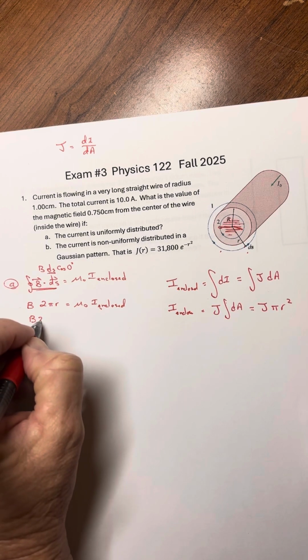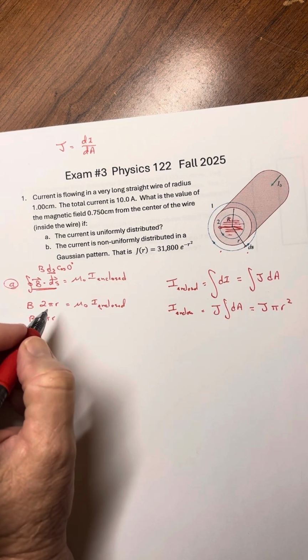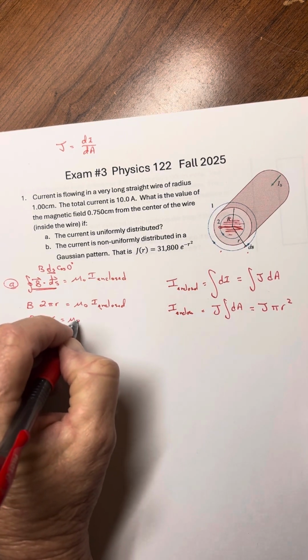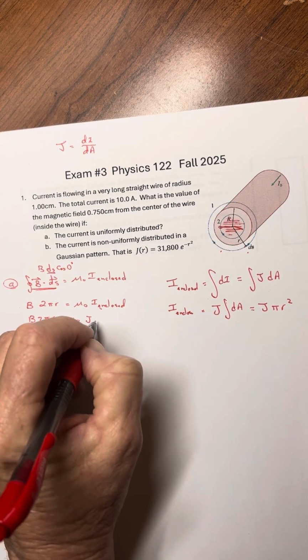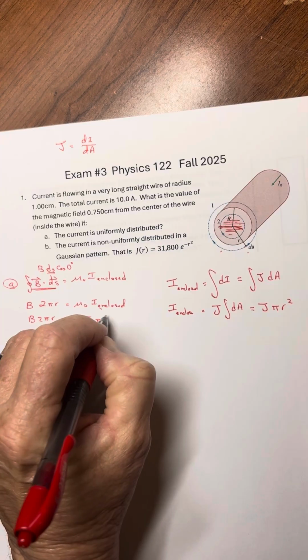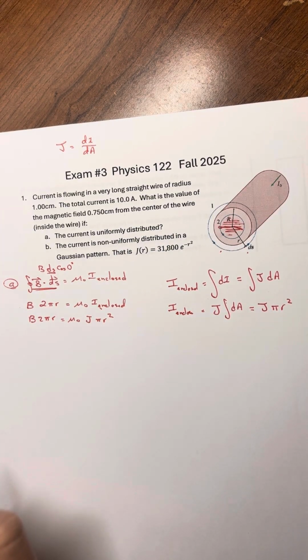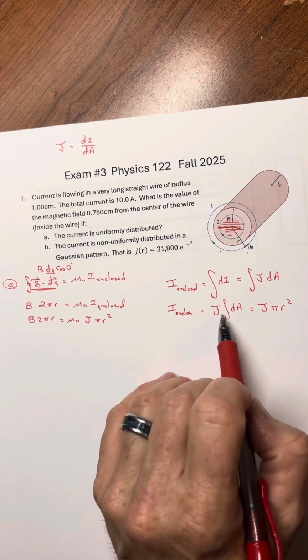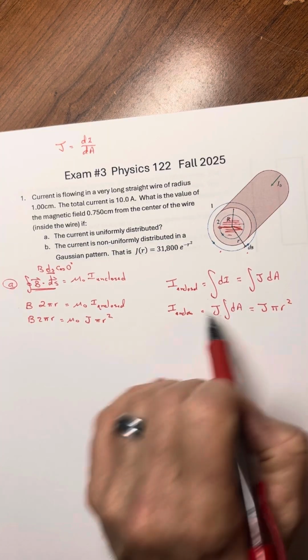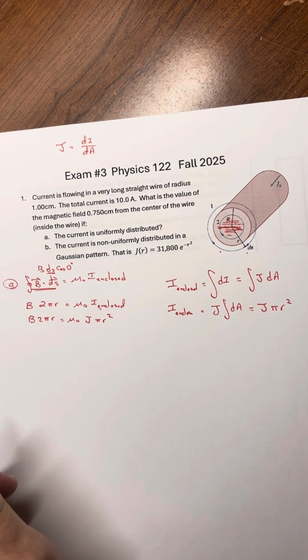So B times 2 pi r equals mu naught times the current inside, which is the current density J times pi r squared. And by the way, notice that only worked for a uniform charge density. That's how I pulled it out. So this step here won't work in part B.